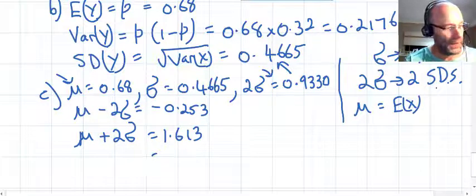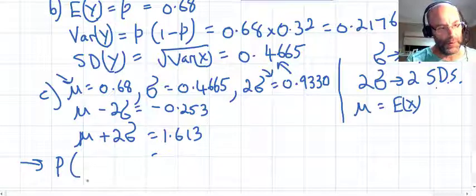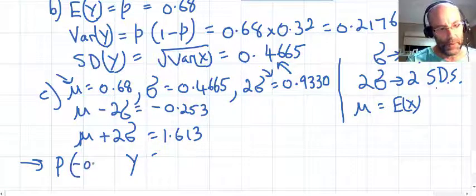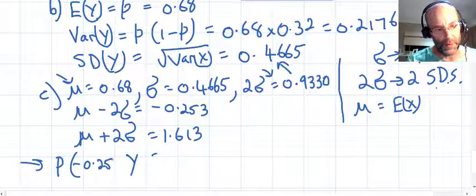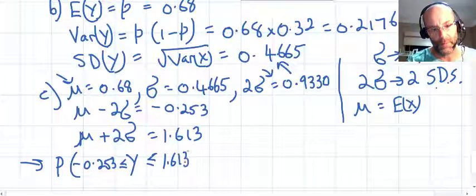Okay, so what does that mean? So we're finding the probability such that the value of the variable for Y is between negative 0.253 inclusive and 1.613 inclusive.